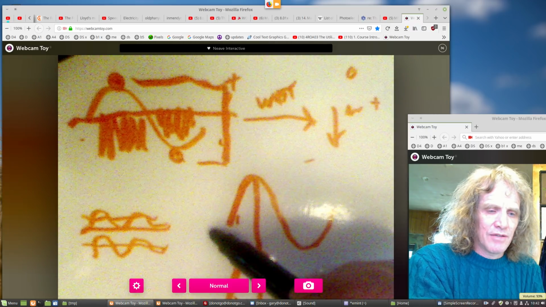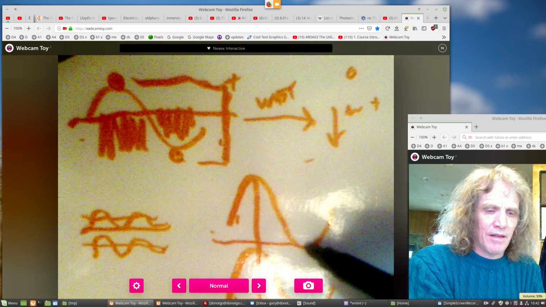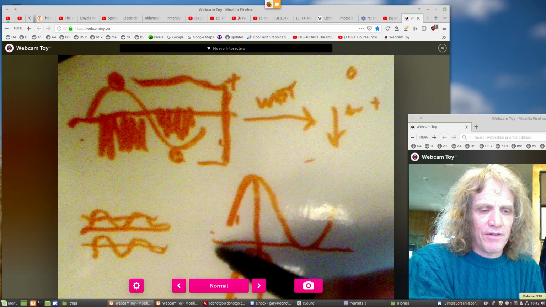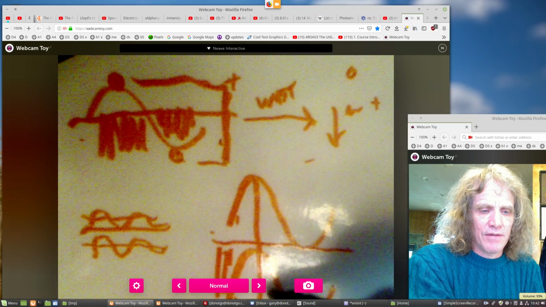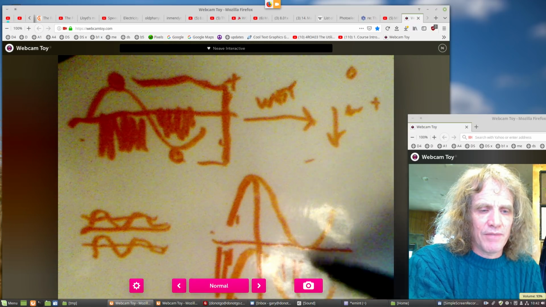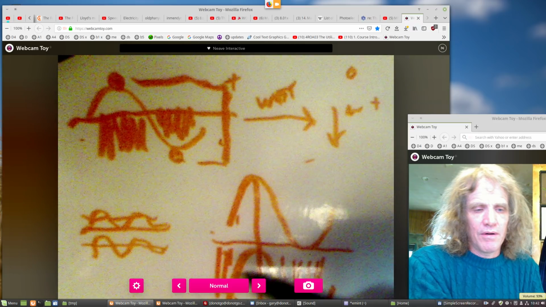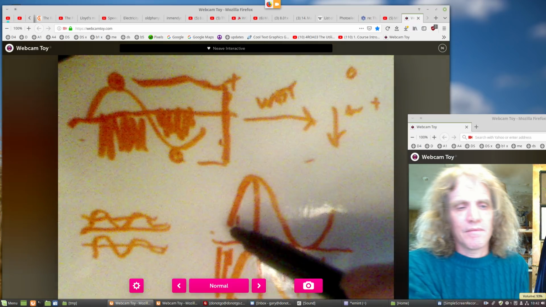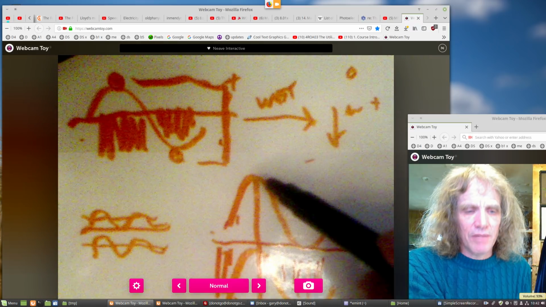Essentially, this will be filled in by the amplifier. The amplifier will fill in all the spaces that are created by this doubling of the amplitude.